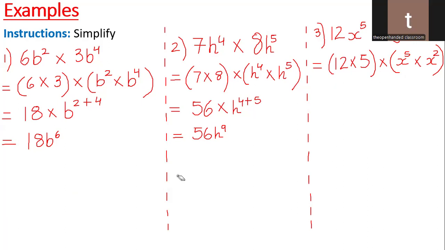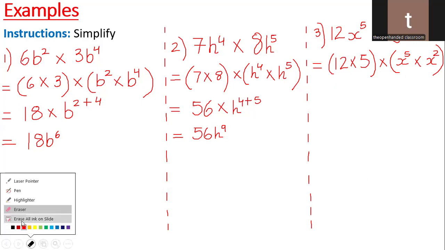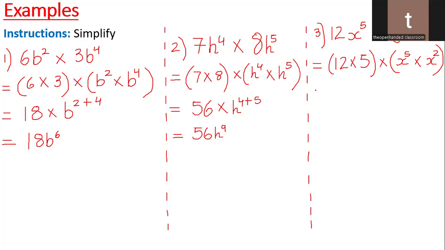So now we have 12 times 5, which is going to be what? Nivea? What is 12 times 5? 60. Very good. 12 times 5 is 60.